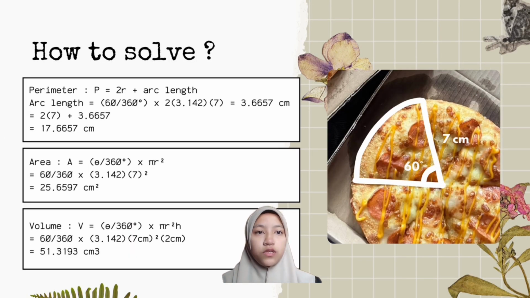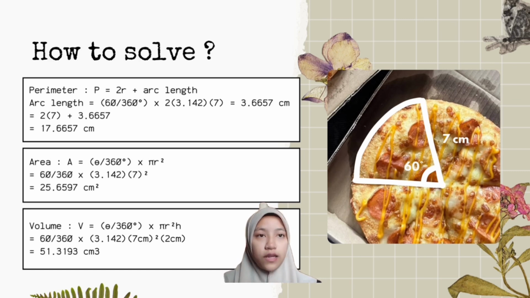So I will continue with the formula. The shape in geometry is a sector of a circle. There are three formulas. We can find area, perimeter, and also volume. First, for the area, A equals theta over 360 degrees times pi r squared. And then for the perimeter, P equals 2r plus arc length.